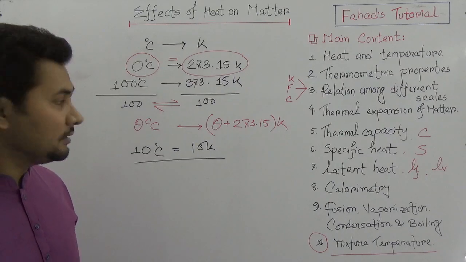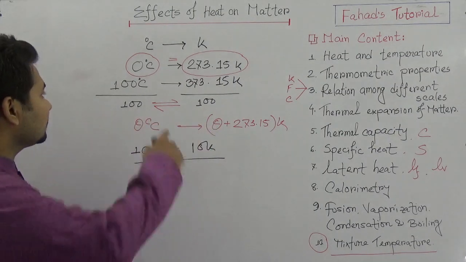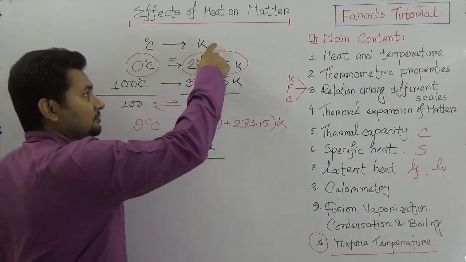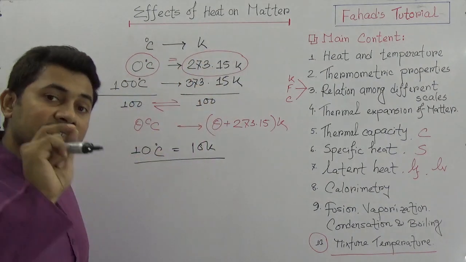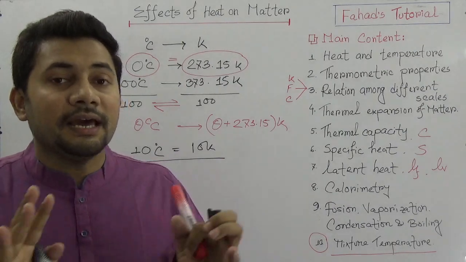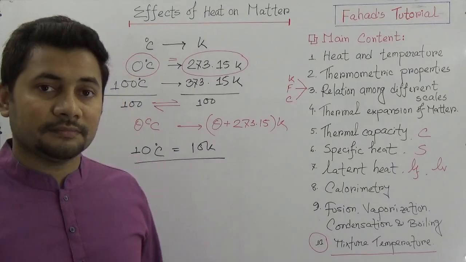Why? Going from 0 to 100 is 100, and going from 273.15 to 373.15 is again 100. So in case of differences, Celsius and Kelvin are the same. How?